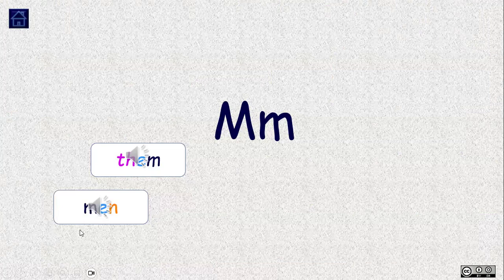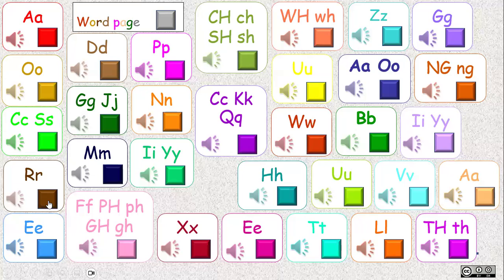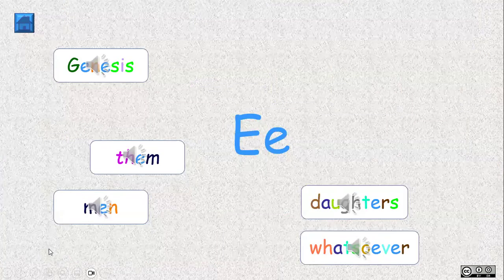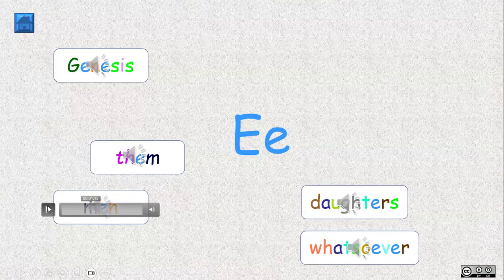Next sound is that light blue E. We go back to the home page and find it right there, and it says eh. We'll go to the page and find men.